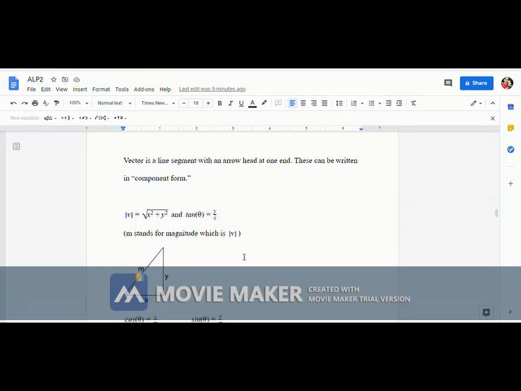It just means that the starting point is the origin, so 0, 0. And then the ending point is, let's say the origin is here. This is going to be vector m, okay? And the ending point is here.